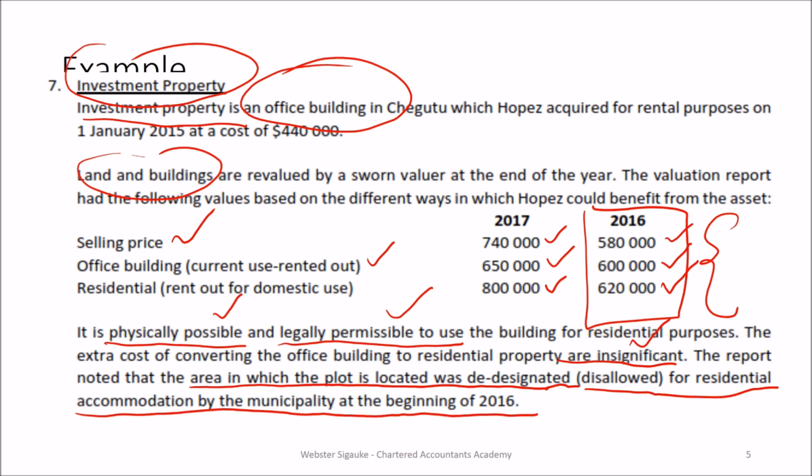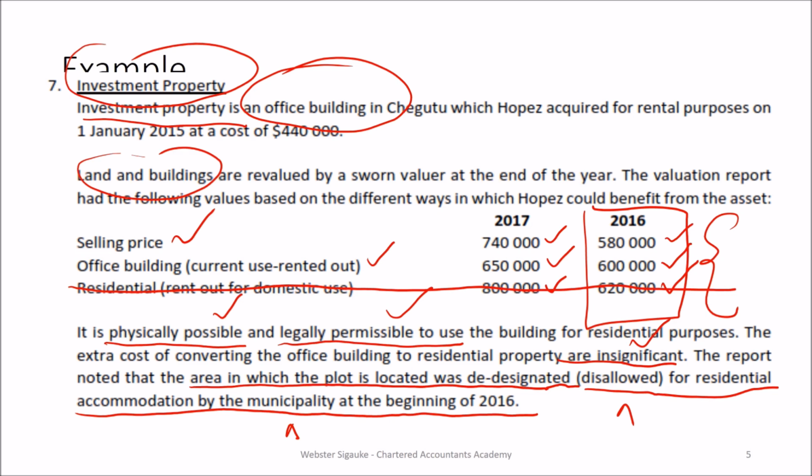Which means when we look at this, the municipality is saying you are not allowed to use this building for residential purposes, which means we cannot derive our fair value based on this, because this is not permitted by the municipality on that land.